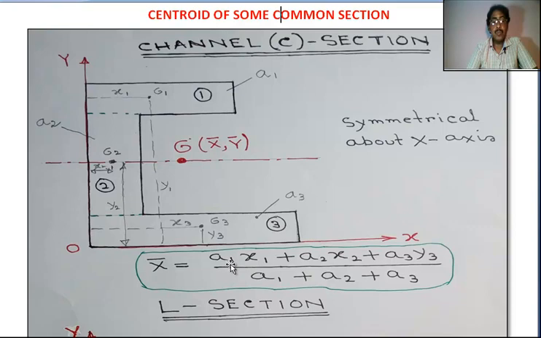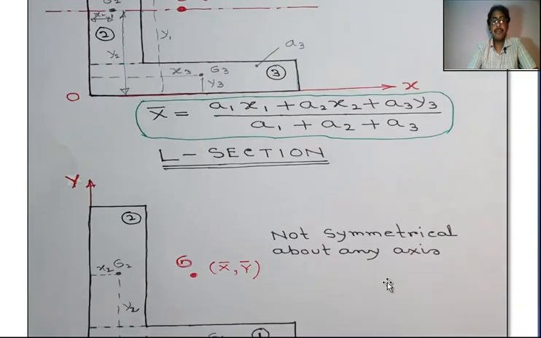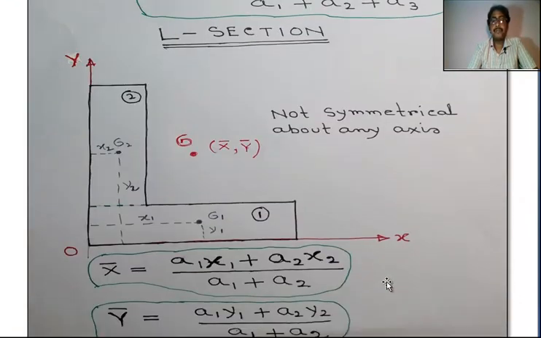X bar equal to a1 x1 plus a2 x2 plus a3 x3 by a1 plus a2 plus a3. Okay.